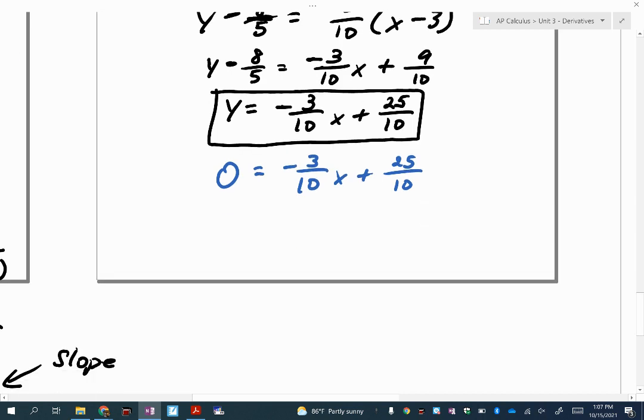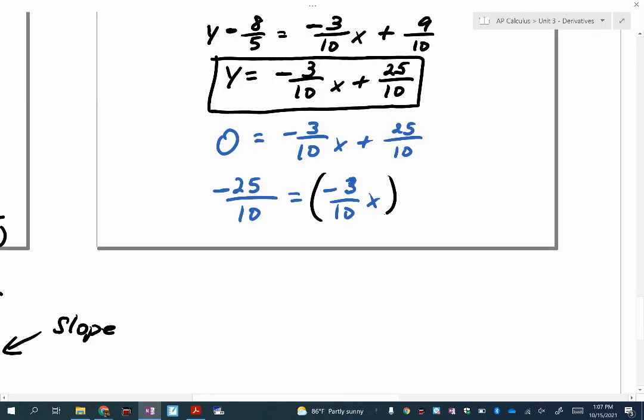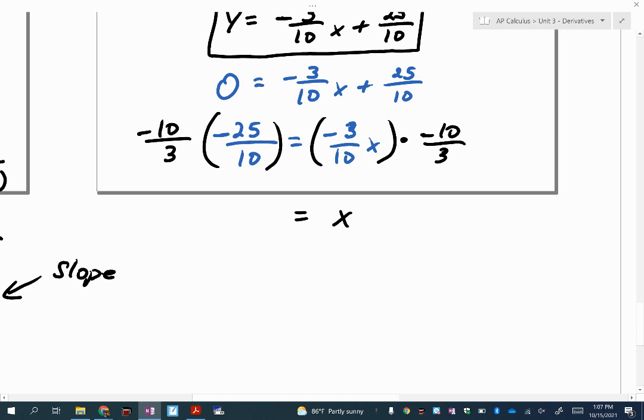I'm going to move the 25/10 to the other side, equals negative 3/10 x. I'm going to multiply both sides by negative 10/3. So I'm going to get x equals, that's going to be a positive. The 10s are going to cross out, positive 25 thirds.